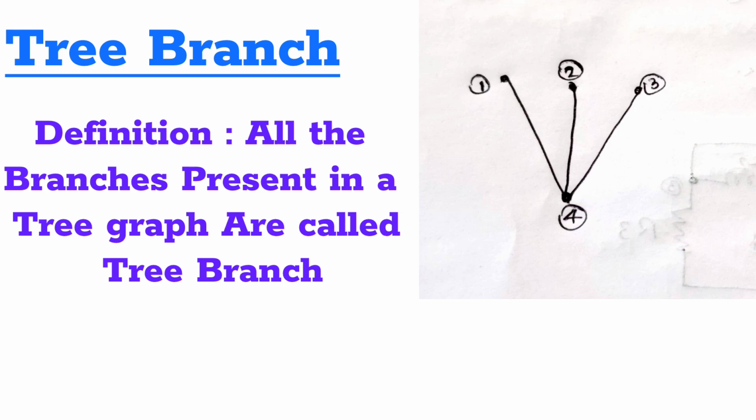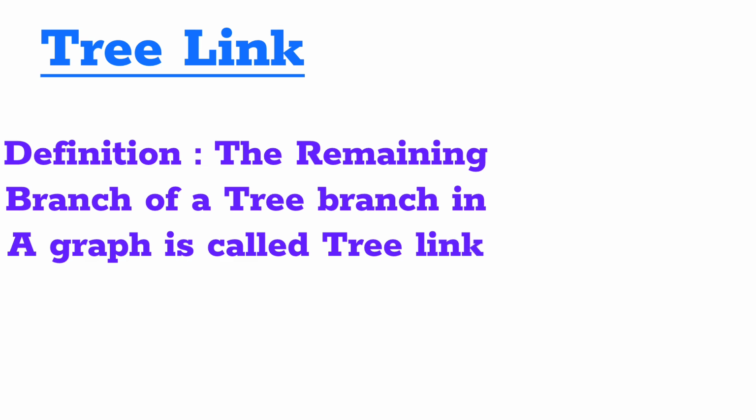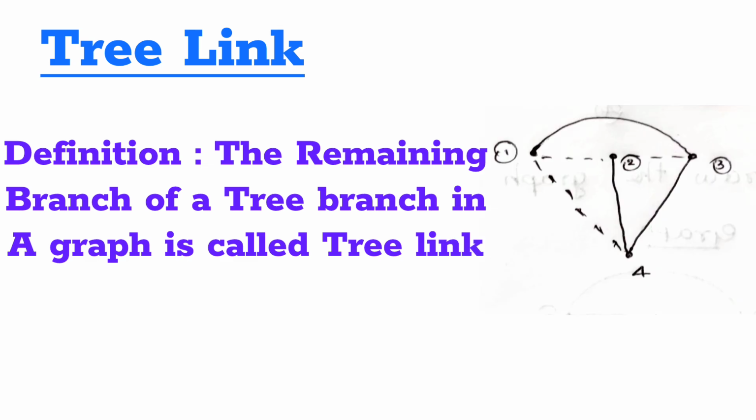So the branches present in the tree are called tree branches. And now the next terminology is tree link. What is tree link? The remaining branches other than the tree branches in a graph are called tree links. Consider in this tree branch diagram, the branches with dotted lines can be called tree links.